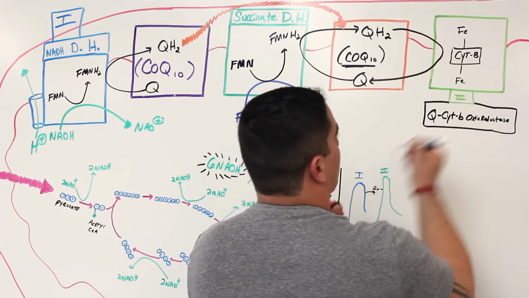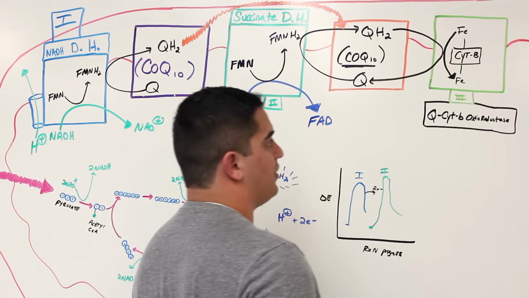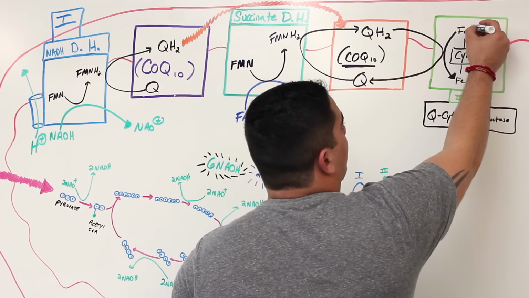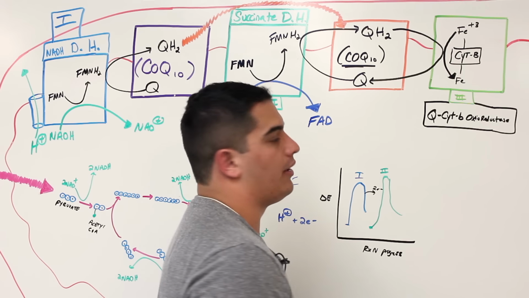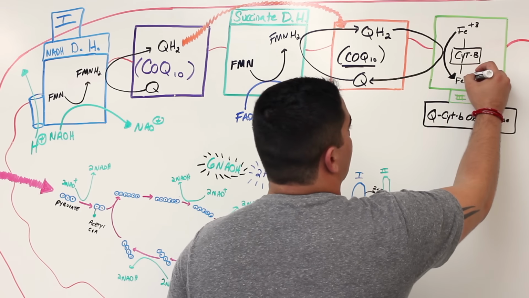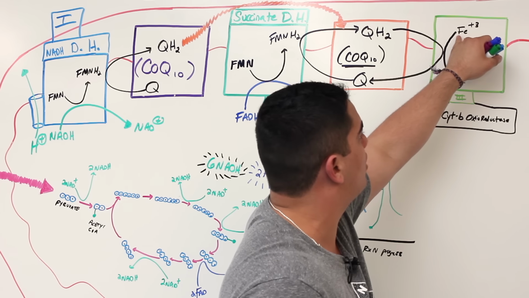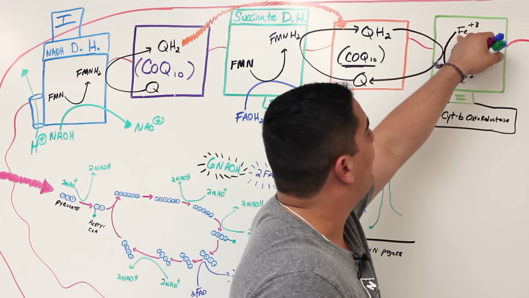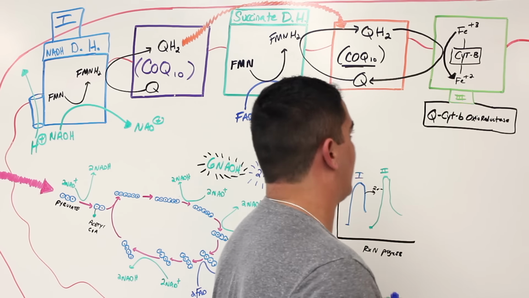He's going to accept these electrons, and he's going to get turned into a different oxidation state. It's going to be +3. If he gains an electron, one at a time, what would it become? +2. So specifically, coenzyme QH2 is passing this electron on to Fe+3, and Fe+3 is getting converted into Fe+2 because he's accepting that electron.